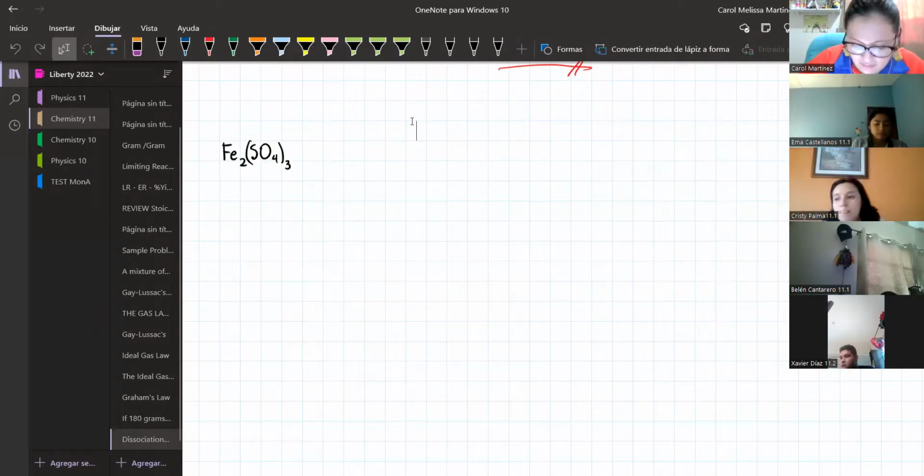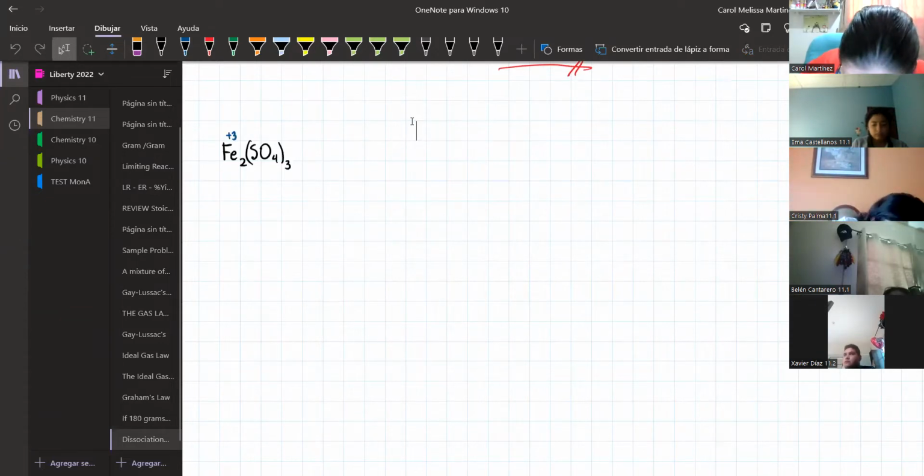Okay. So we know the charge of iron, that is 3. We know the charge of oxygen, that is -2. And we don't know sulfur. So mentally, I do it like this. 2 and 3 make 6.